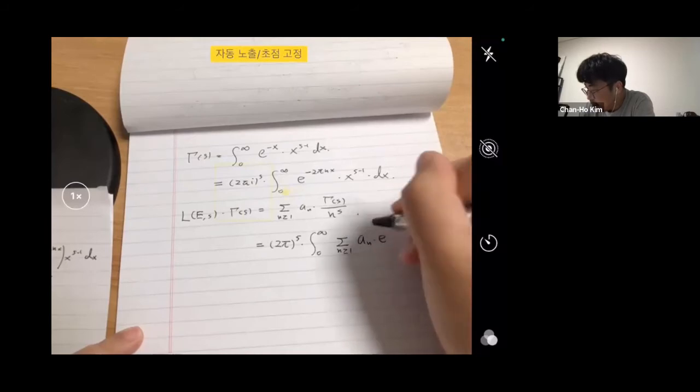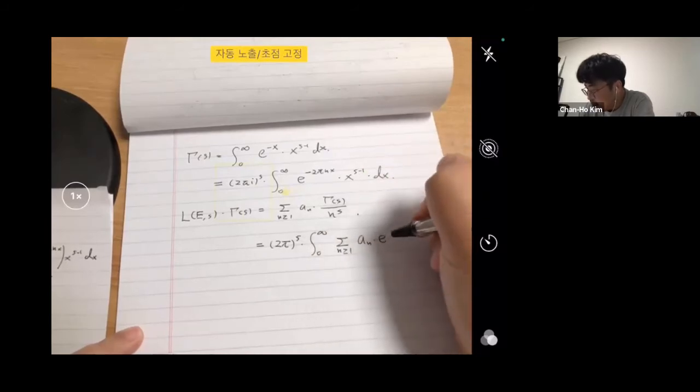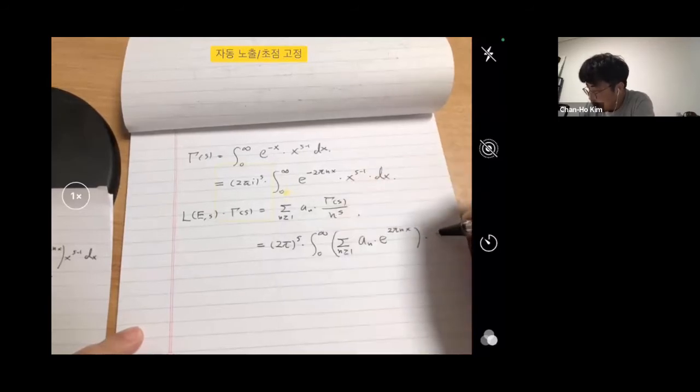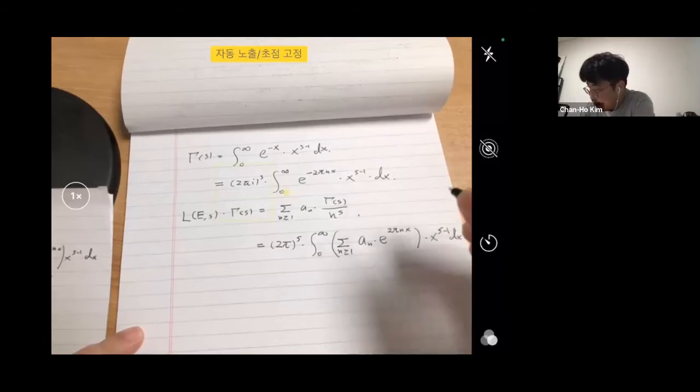Then I have the integral of the sum of a_n times e to the negative 2 pi n x times x to the s minus 1 dx, and this is nothing but f of ix.